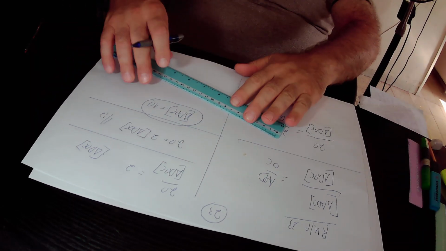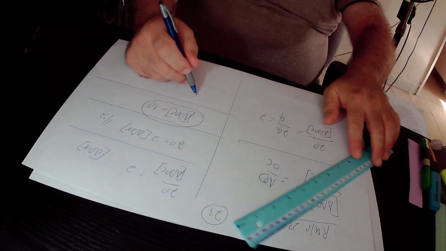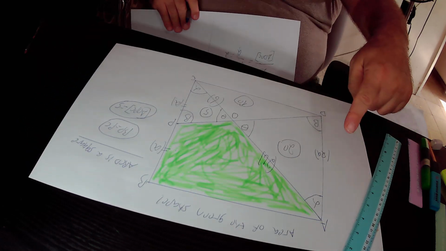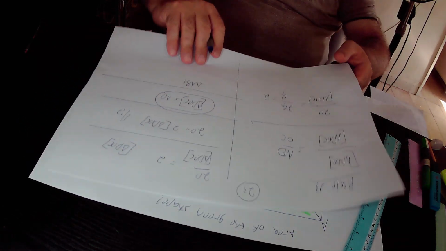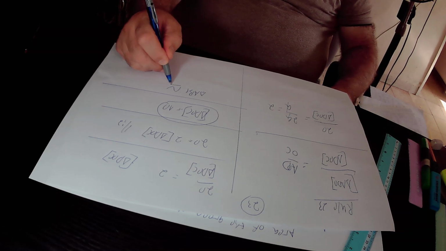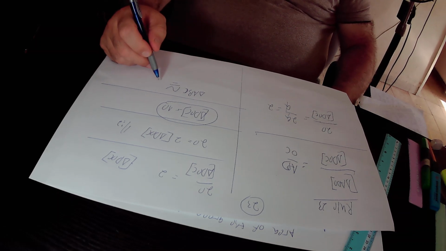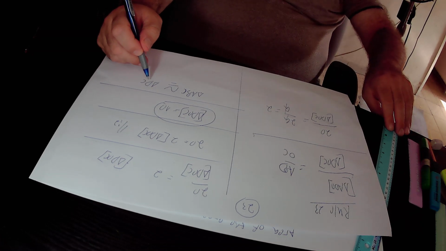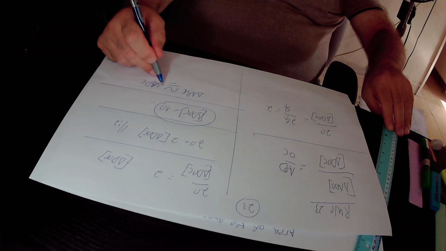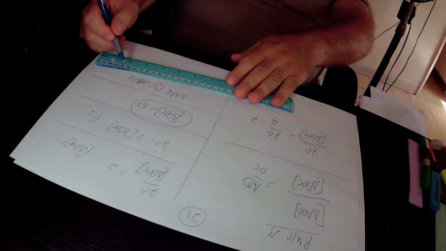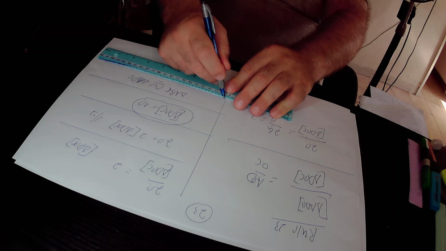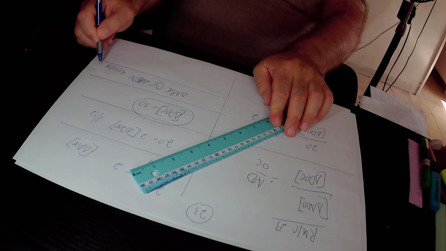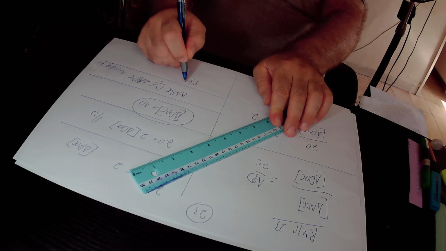The right triangle ABC can go into the right triangle ADC according to the side rule.